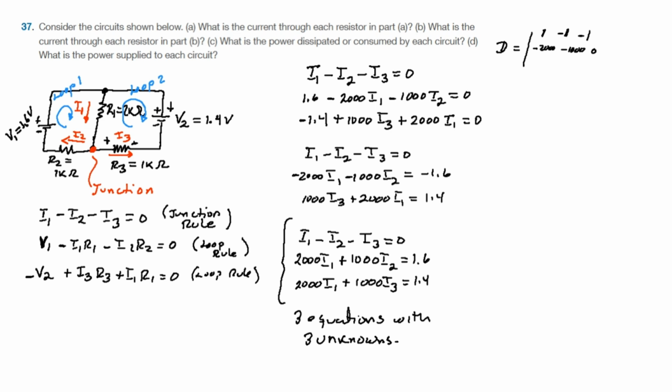And then, sorry, no, positive 2000 and positive 1000, because I already changed the signs. So it's positive 2000, positive 1000, and 0. And then the other one is 2000, 0, and 1000. When you calculate this determinant, it is equal to 5 times 10 to the 6.